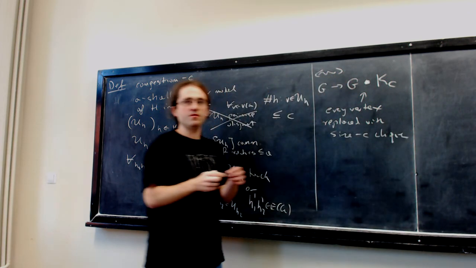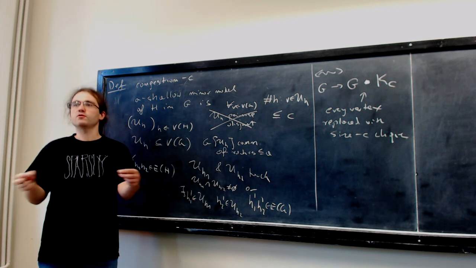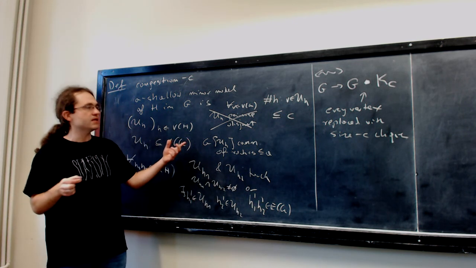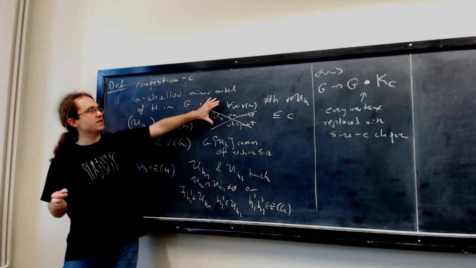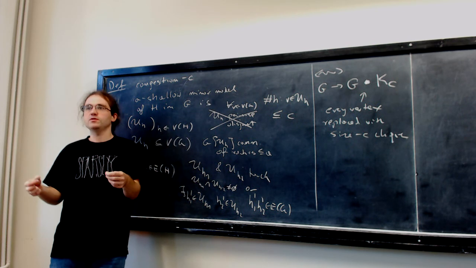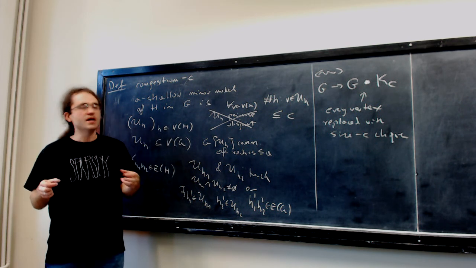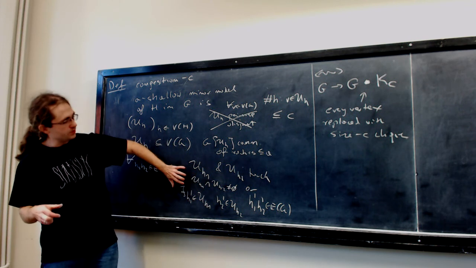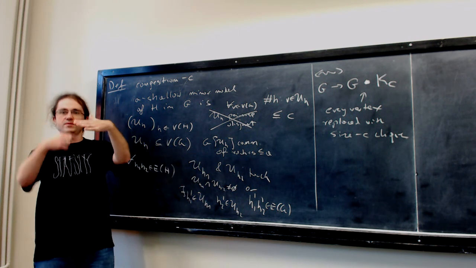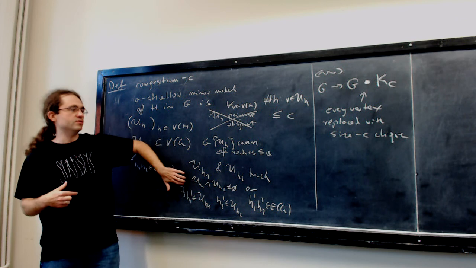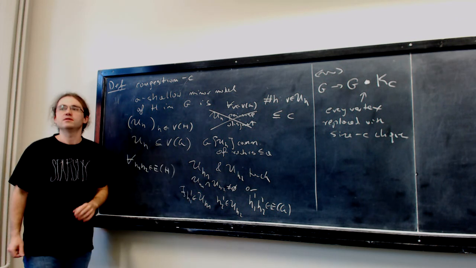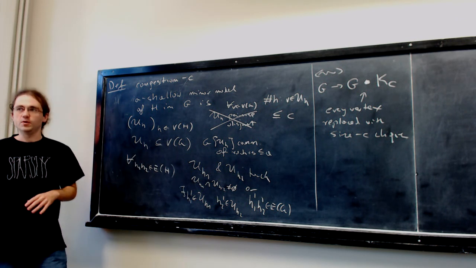That means every vertex is in a size c clique, and you can use different copies of a vertex for different branch sets, which corresponds to using every vertex multiple times, because you can use different vertices of this clique for different branch sets. And the fact that you blow up with a clique corresponds to the fact that if you overlap, then there's an edge between the cliques, and this corresponds to satisfying touching, that is, realizing an edge of the model.